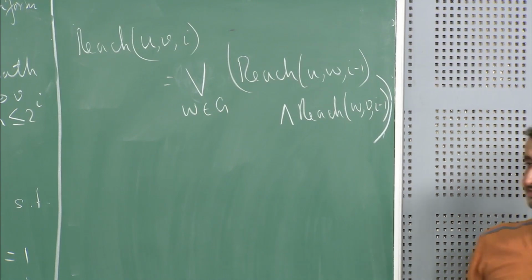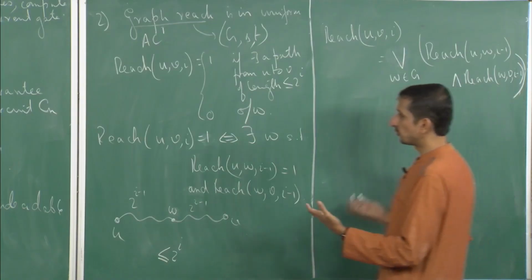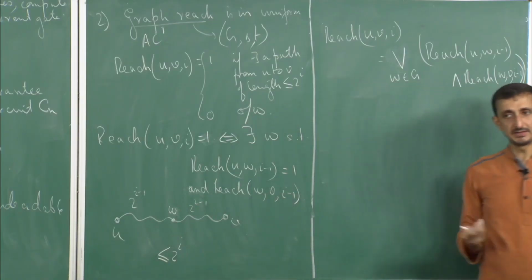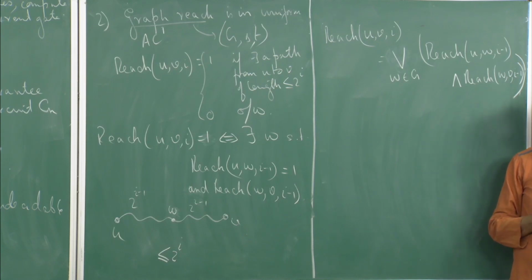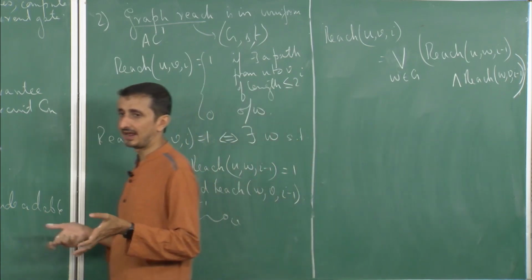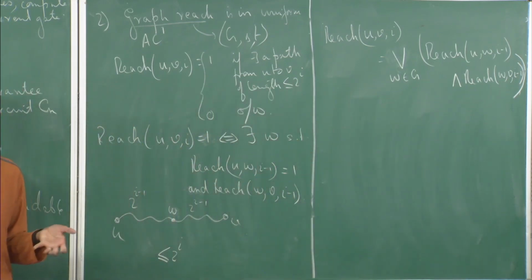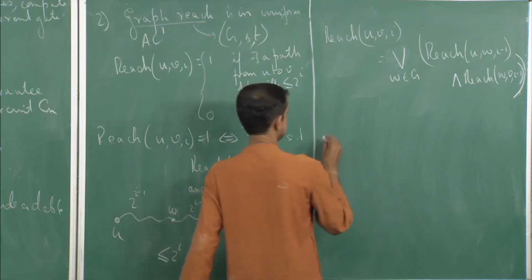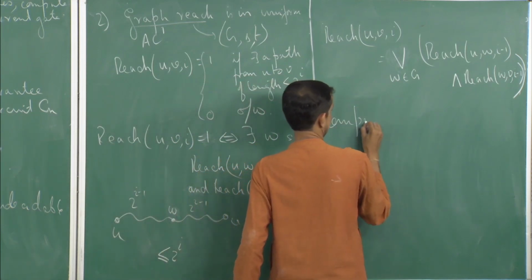Okay. So, finally what do I have to compute? What would the output gate be? No, it will be an AND gate, but which gate? I mean, what is the predicate at the output gate? Exactly.